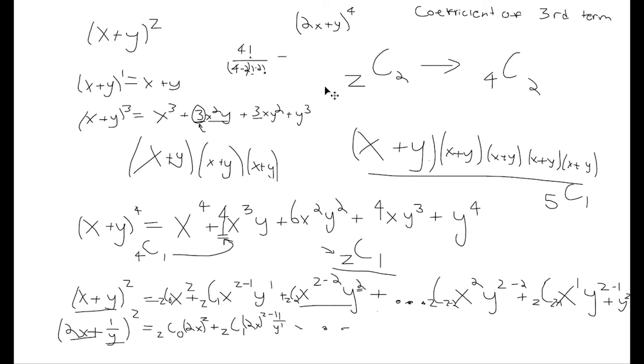No, it wouldn't. Let's see, 4 times 3 times 2 is 24, divided by 4 is 6. So there would be 6 different ways of getting the third term. In other words, the coefficient of the third term is 6.